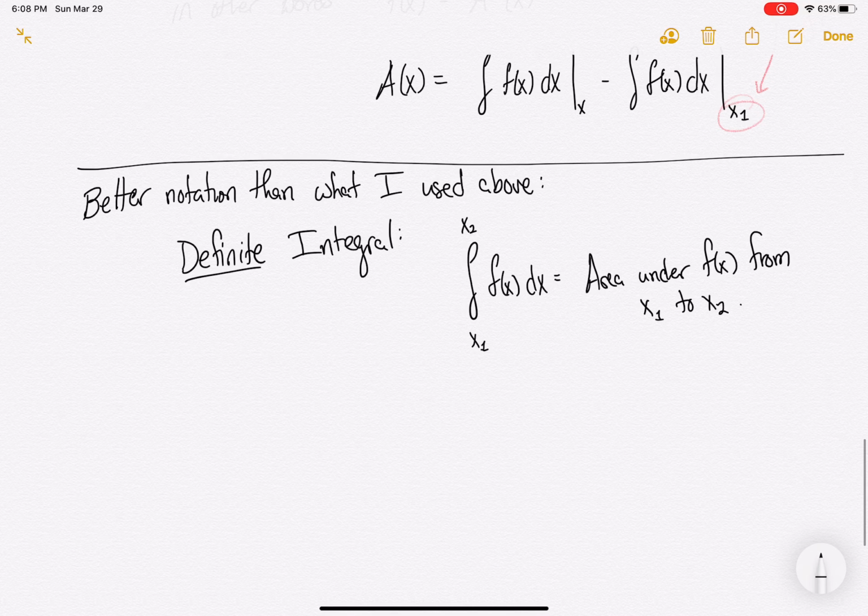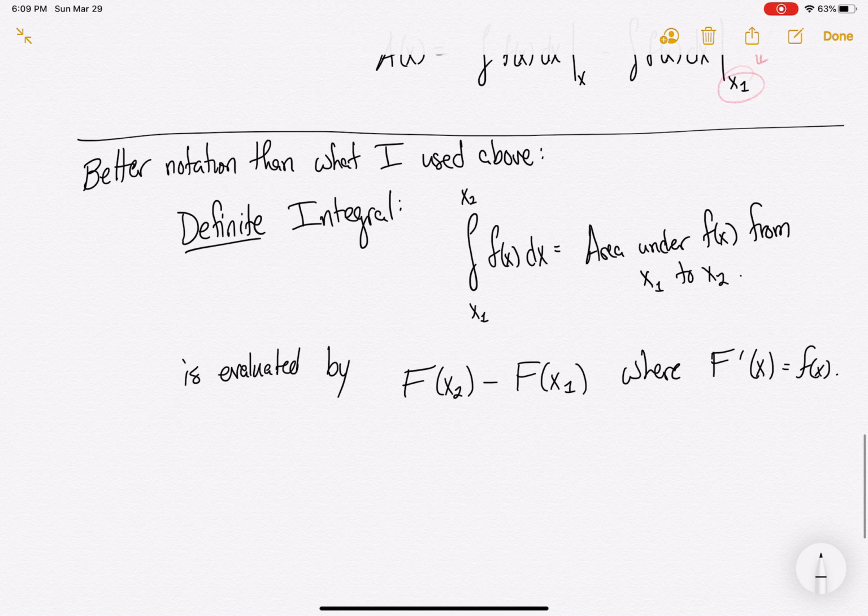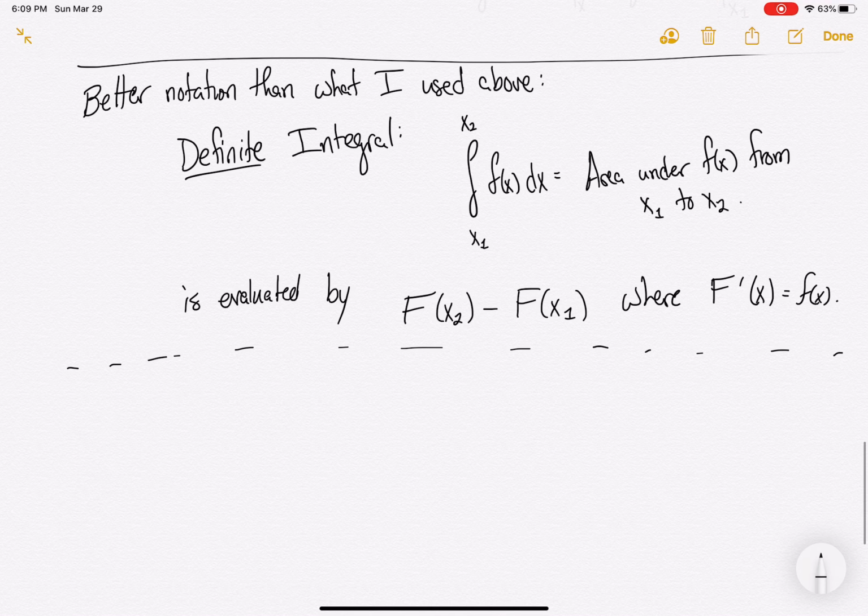And it is evaluated by capital F of x2 minus capital F of x1, where capital F prime equals f. That's another way of saying you find your antiderivative and then you plug in the endpoints. I'll put that in quotation marks because this is what you want to remember. Find the antiderivative.